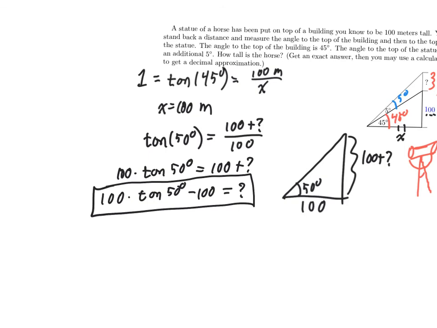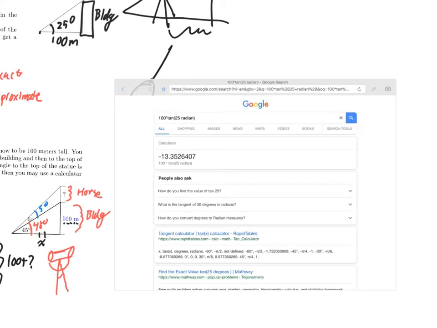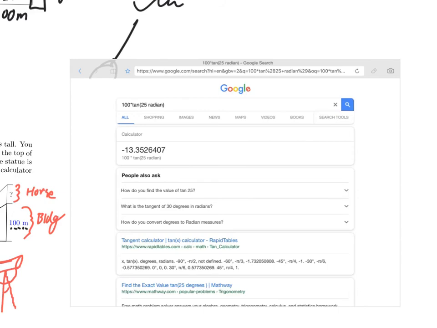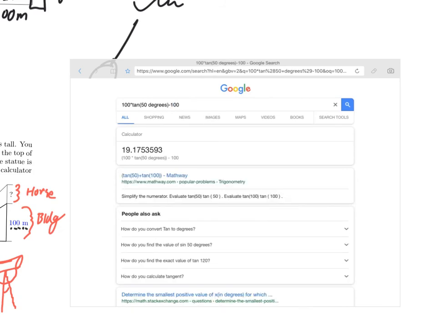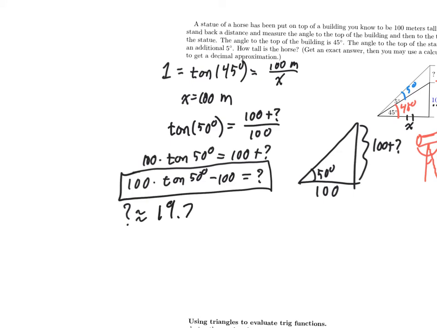Now let's get the approximate answer. 100 times tangent of 50 degrees minus 100 is 19.2 approximately. So question mark is approximately 19.2.